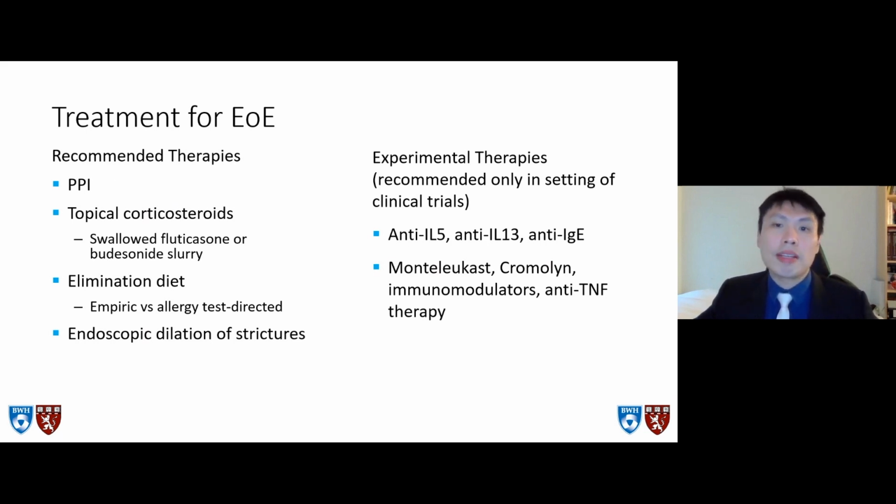There are a few experimental therapies that are currently only recommended in the setting of clinical trials, including several biologics, including anti-IL-5, IL-13, and anti-IgE antibodies. Also, montelukast, cromolyn, or other immunomodulators have been studied as well, and have clinical trials that are ongoing.